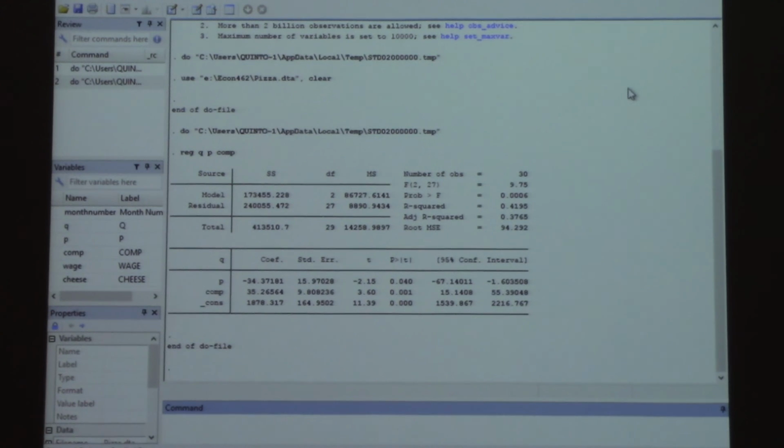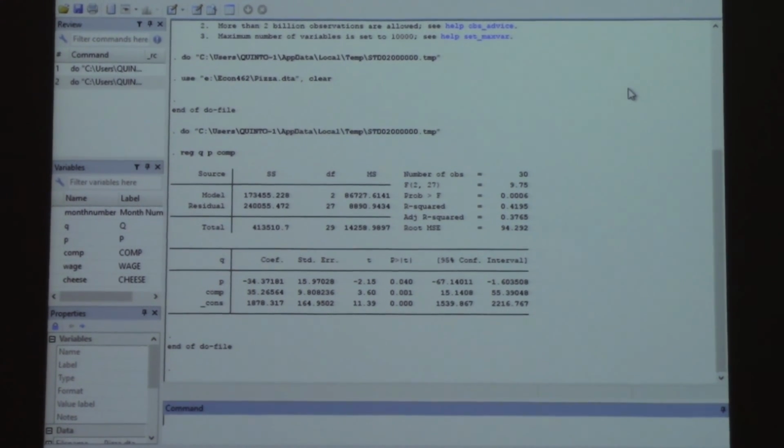So essentially we got a demand curve: beta 0 plus beta 1 price plus beta 2 price of a competitor plus our error term.